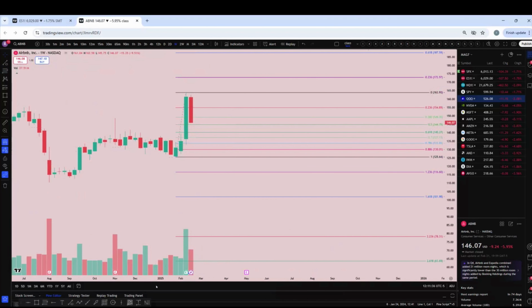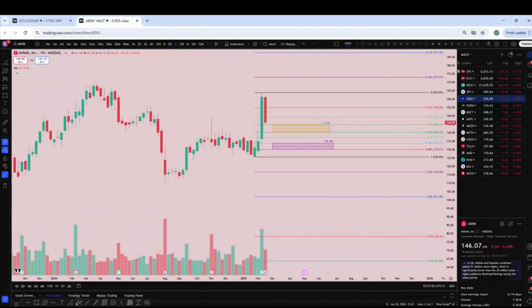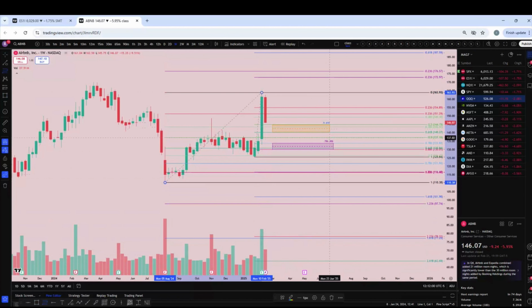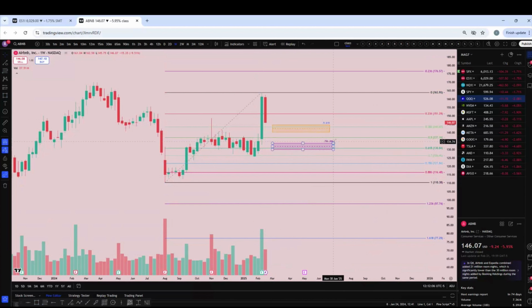Potentially fall into this area here, 0.5, 0.618, or this 0.786. And if we fib from here to here, basically a 0.5 in this area. So I'm assuming this will drop down here by the end of the week, potentially.